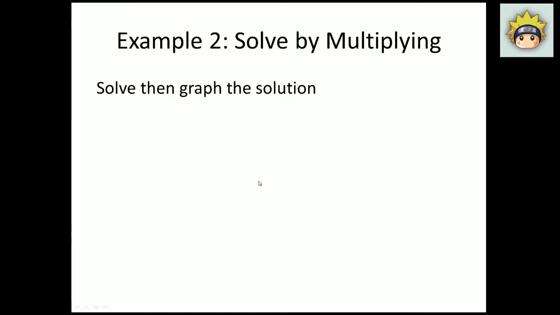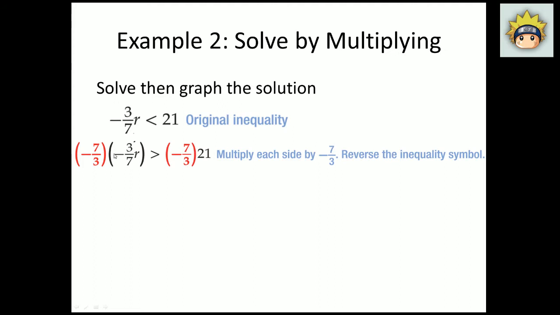Let's solve by multiplying. Then let's graph the solution. We have negative 3 over 7 r is less than 21. This is my original inequality. I'm going to multiply each side by its reciprocal, negative 7 over 3. Because it's a negative value, I have to reverse the inequality symbol.